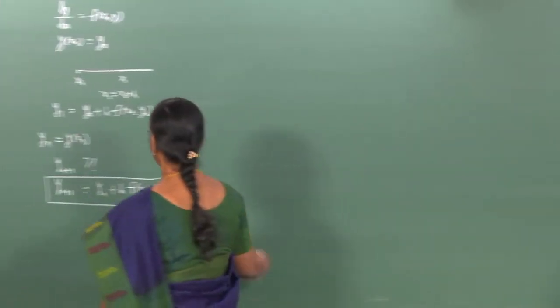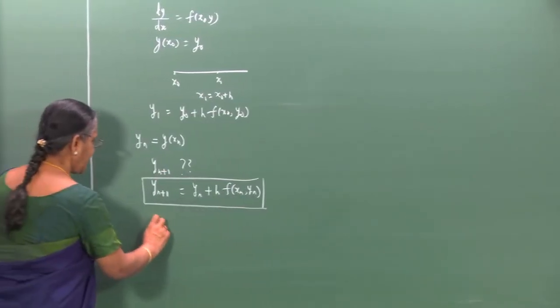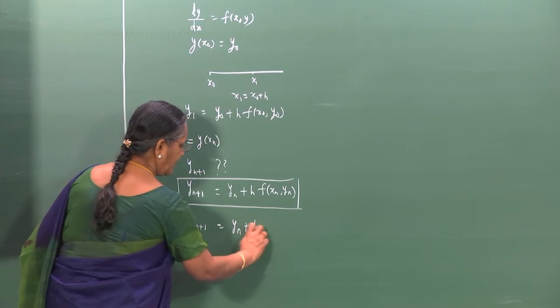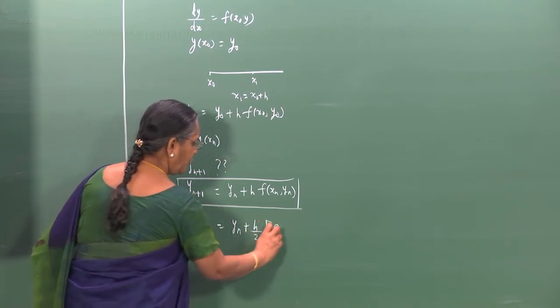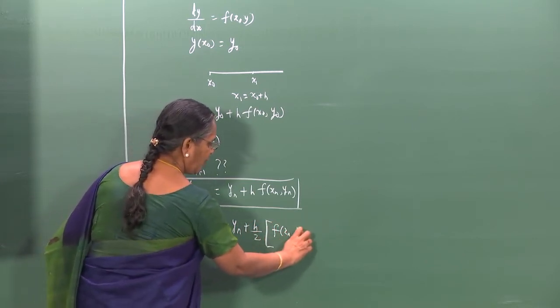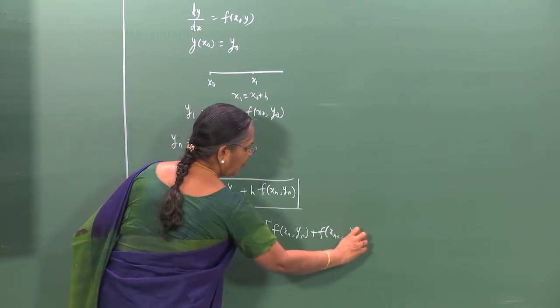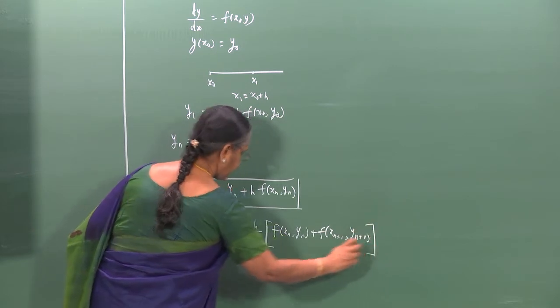And so, we obtained the modified Euler's method given by yn+1 = yn + (h/2)[f(xn, yn) + f(xn+1, yn+1)].